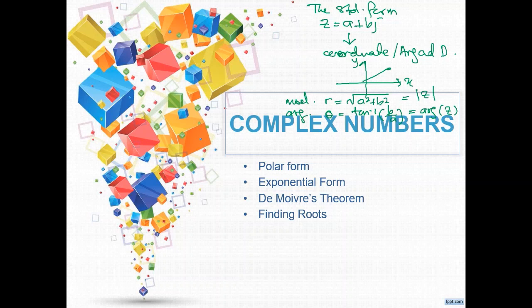Okay, we will look at another two forms of complex number. Beside the standard form and drawing it into the Argand diagram, we also can transform the standard form into polar form and the exponential form.